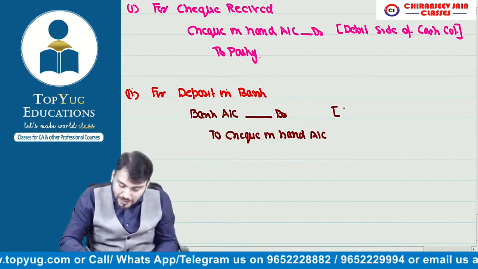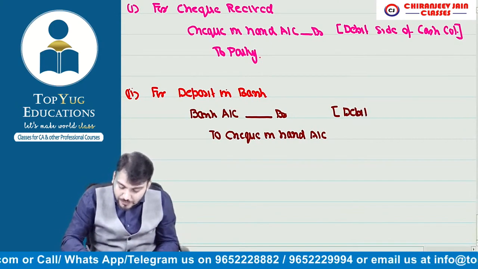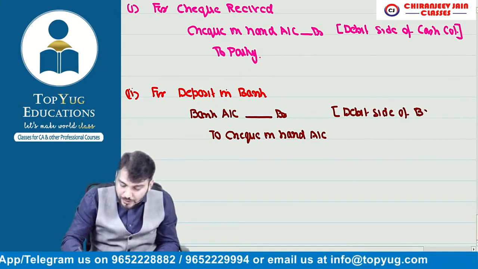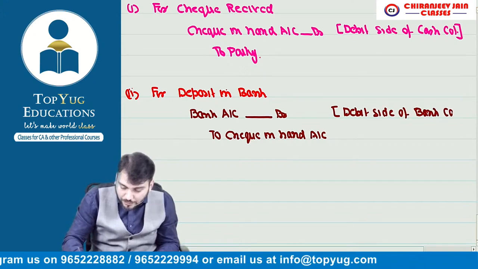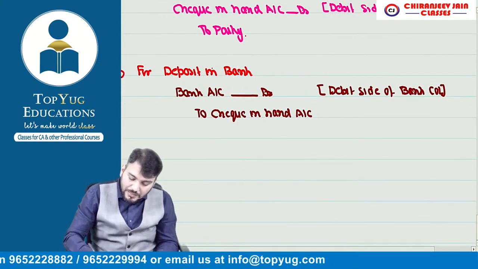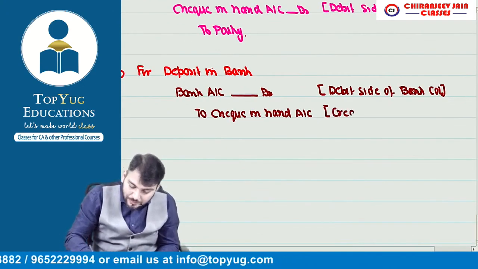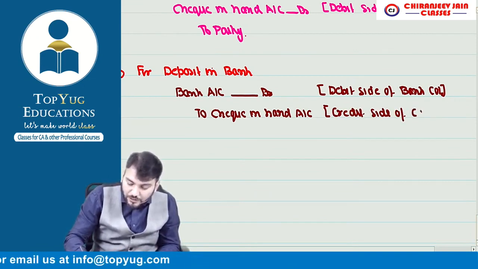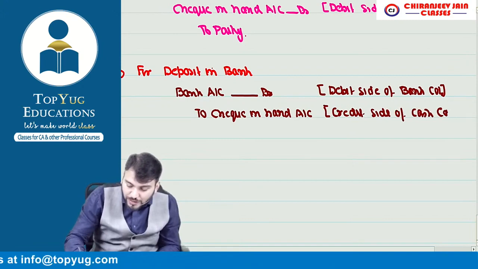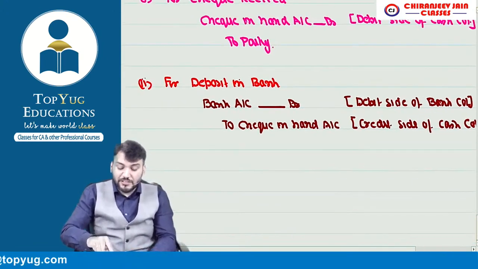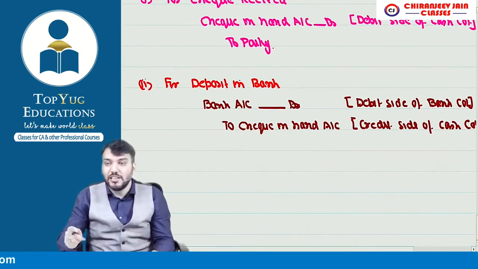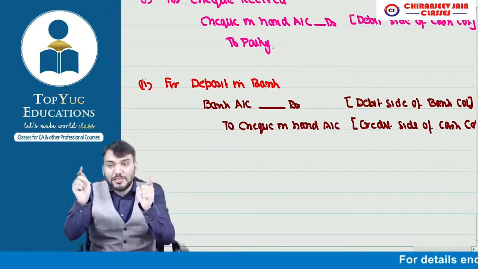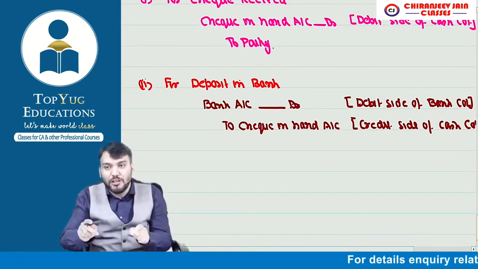So in the bank column we will record the debit side of bank column, and here we will write the credit side of cash column. Understood this point? So you can see this special transaction is completed, means the posting of this special transaction is completed in cash book only.